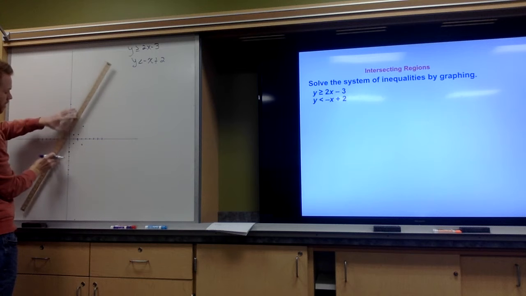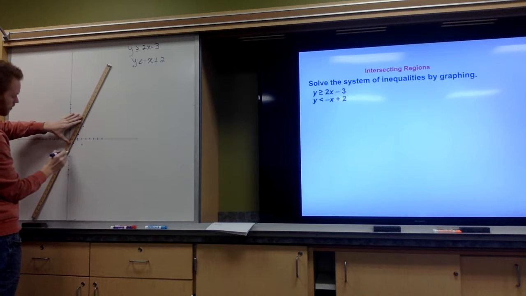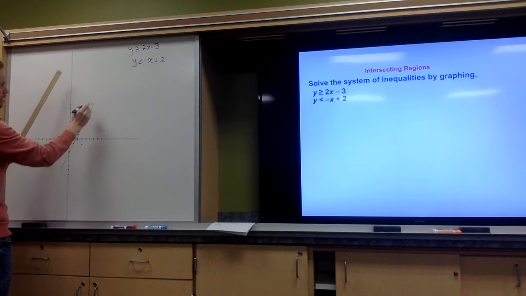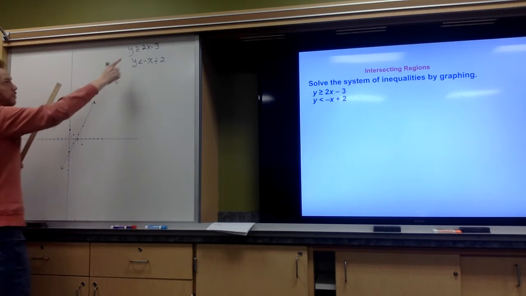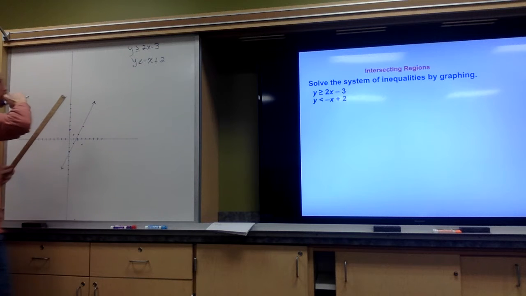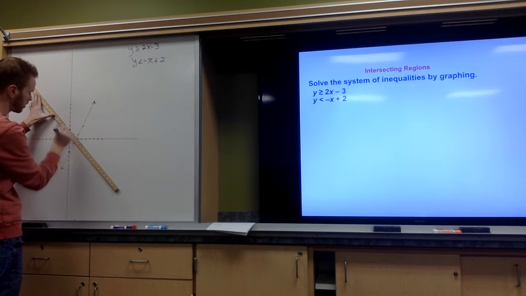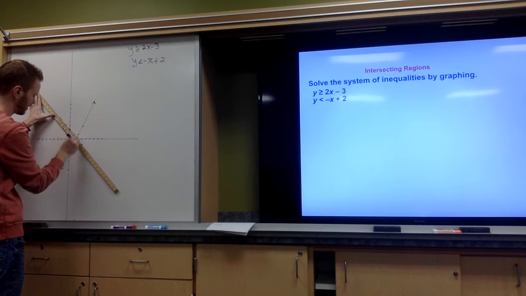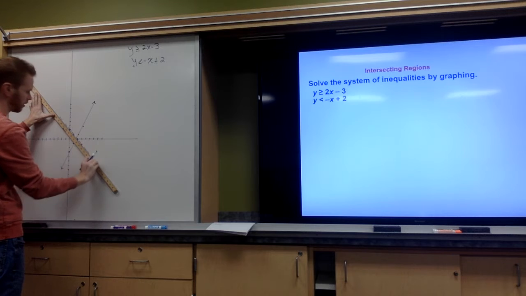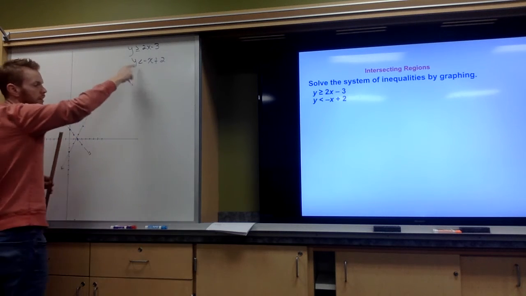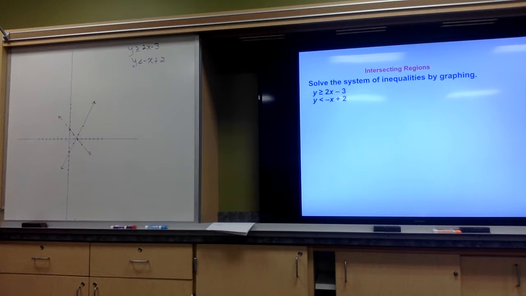For the first one, it's going to be a solid line, because I'm allowed to incorporate solutions that work with it. And for this guy, it's going to be a dotted line. The reason it's dotted is I'm not allowed to include solutions for that.